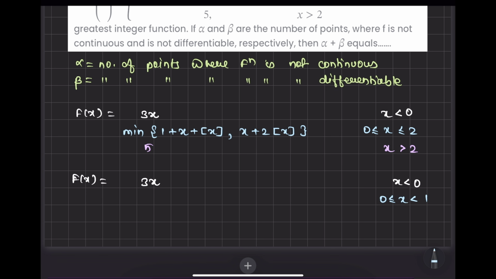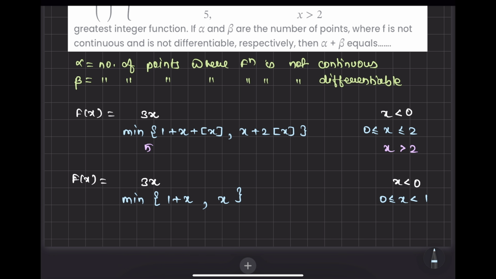So if 1 is not included, in this region the greatest integer will become 0. Okay, so we will consider the minimum of 1 plus x and then x. Okay, so in this region it will behave this way.